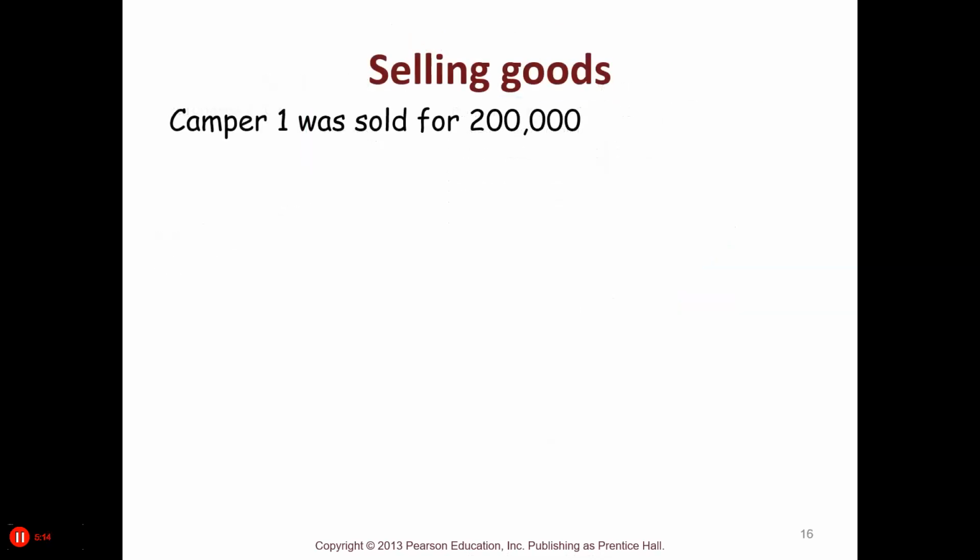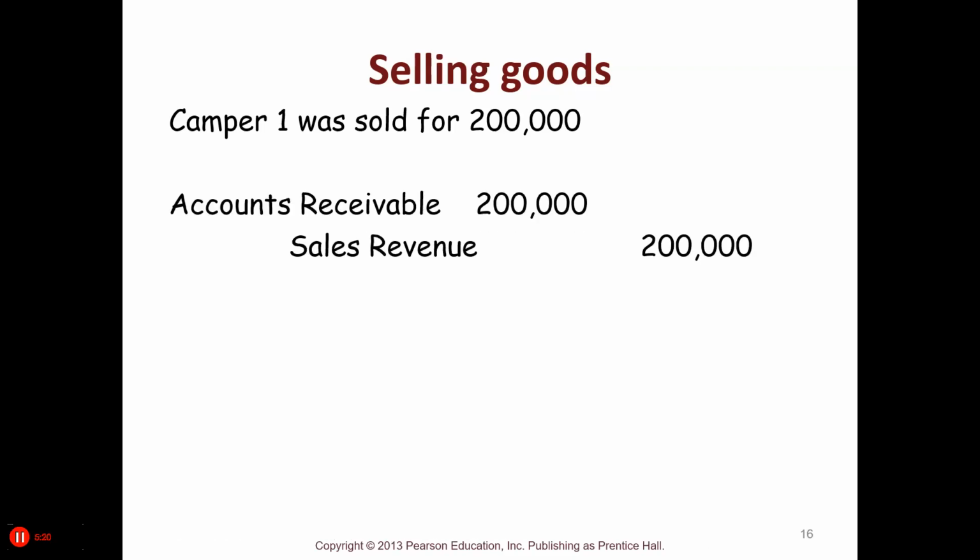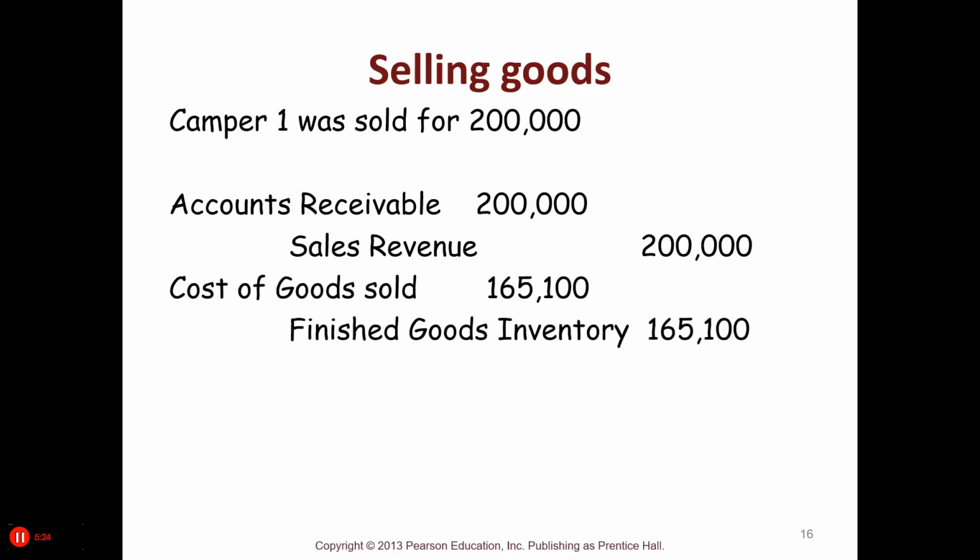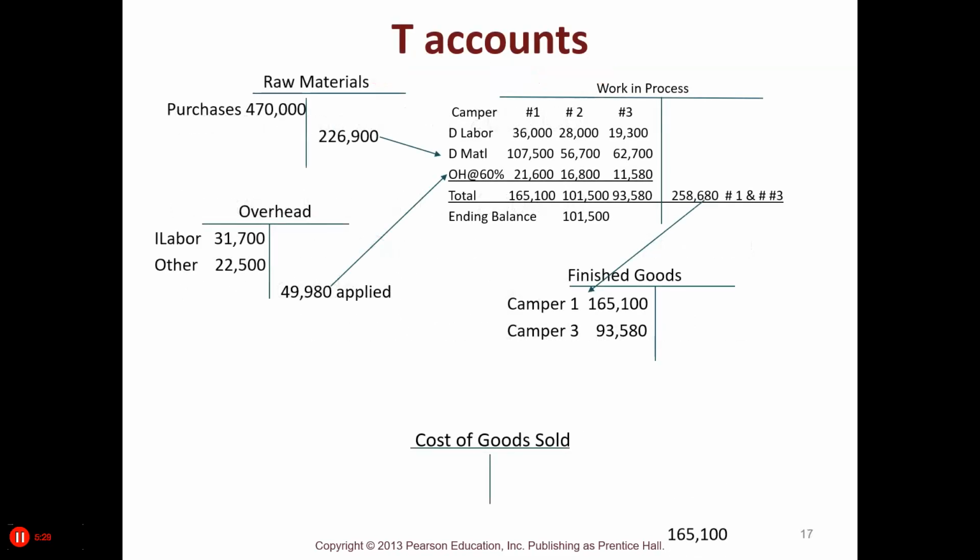Now we sold camper 1 for $200,000. So accounts receivable and sales revenue and cost of goods sold, and we take it out of finished goods. So it comes out of finished goods and it goes to cost of goods sold.